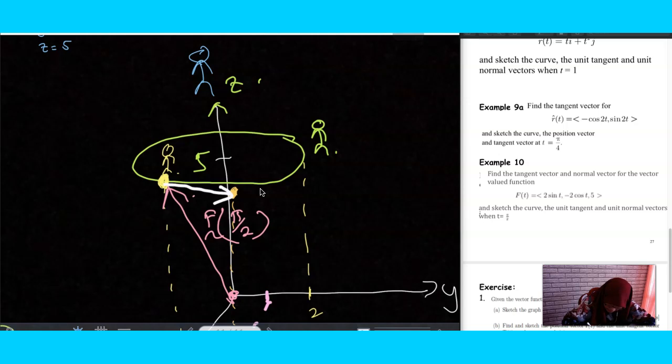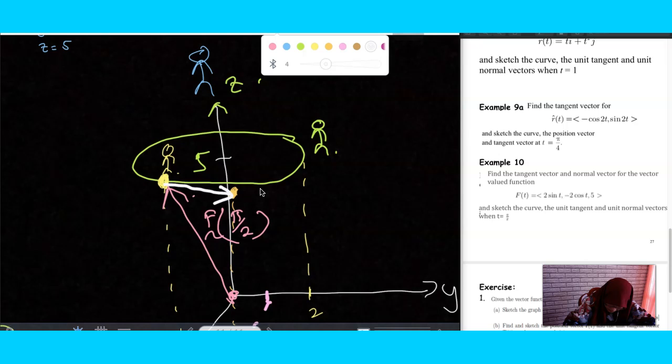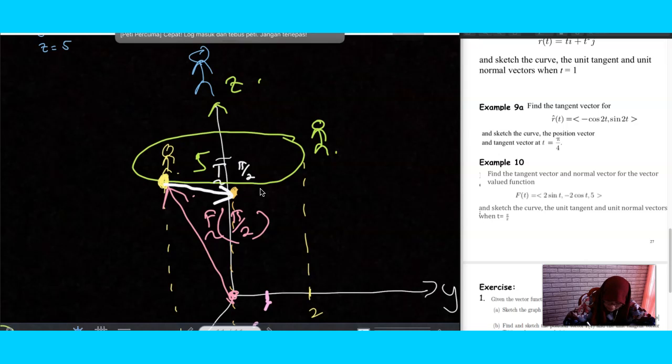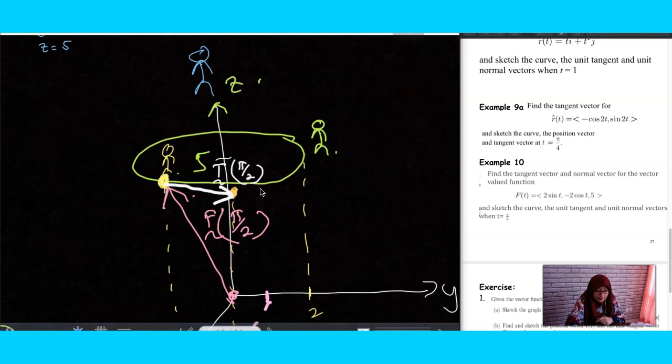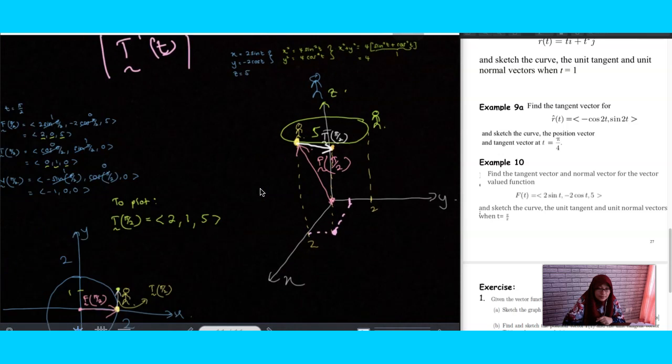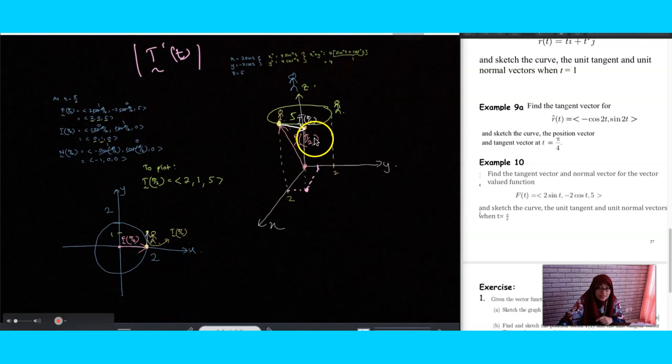So that is your t. You have to label. So that is your unit tangent vector when t is equal to pi over 2. Okay, so you can see that your result matches your calculation, right?